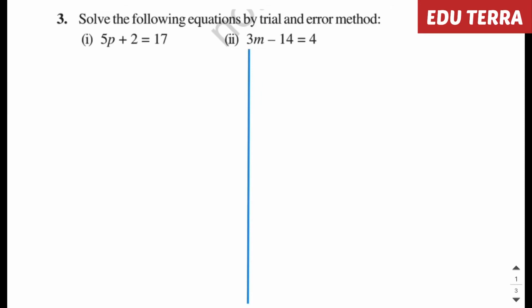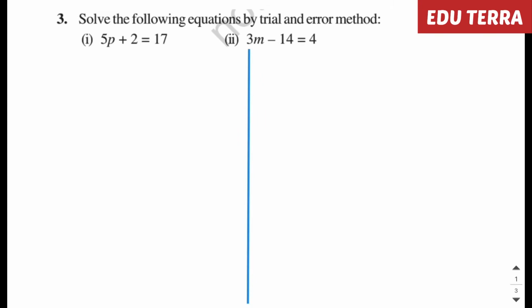Question number 3. Solve the following equations by trial and error method. First part, 5p plus 2 equals 17. Trial and error method means we don't know the value of p, so we will check one by one. At the value where LHS equal to RHS, that will be the answer. Similarly we will do the second.